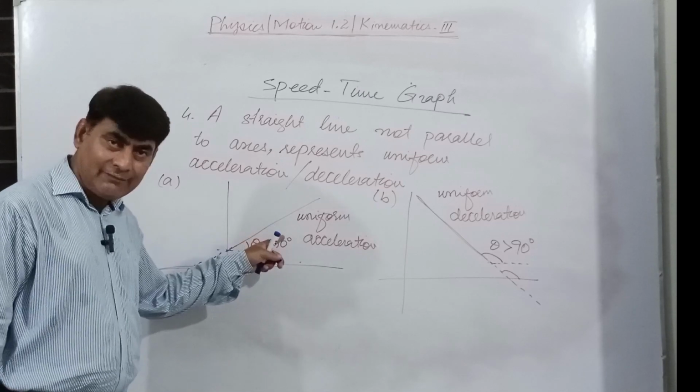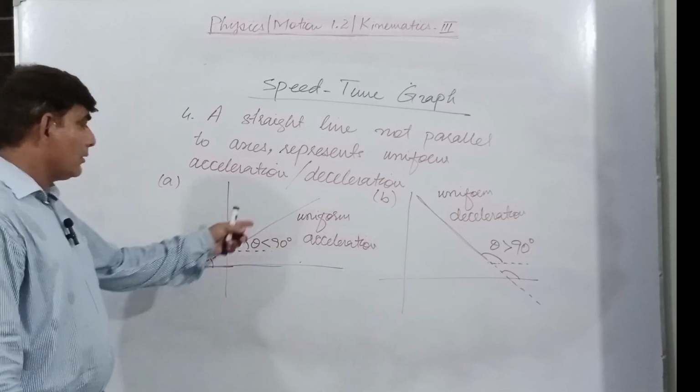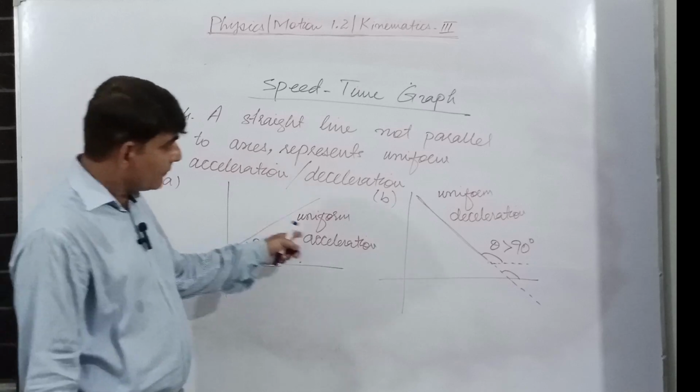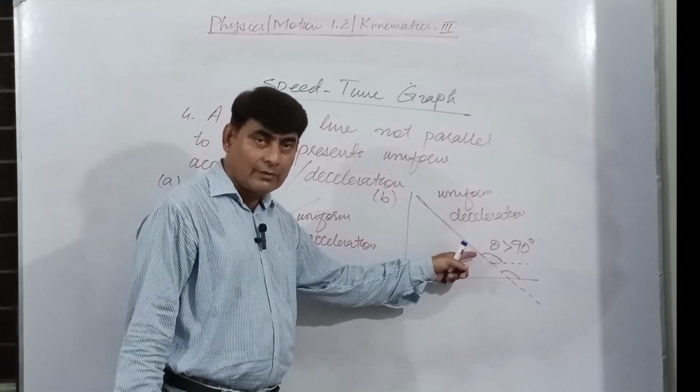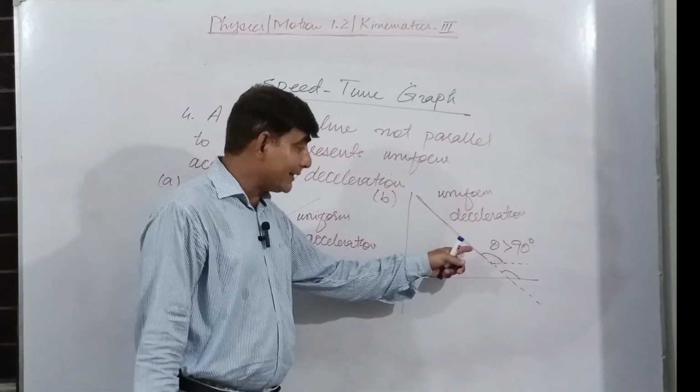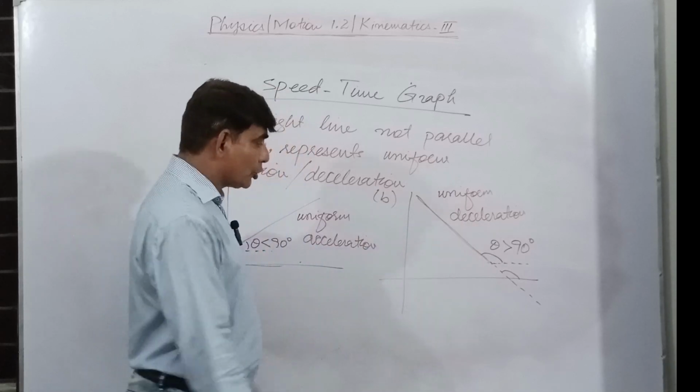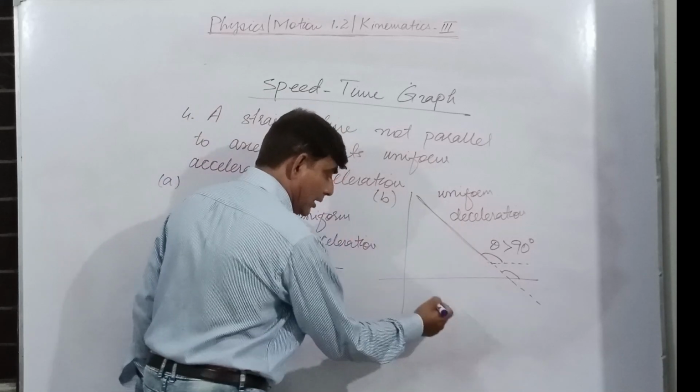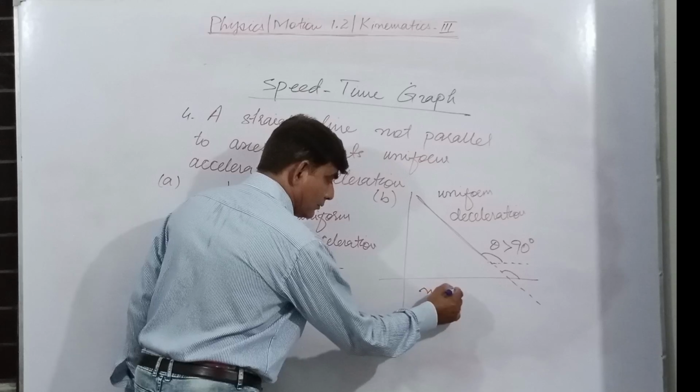So a straight line will show acceleration if gradient is positive, simply acceleration. If gradient is negative, it is deceleration.